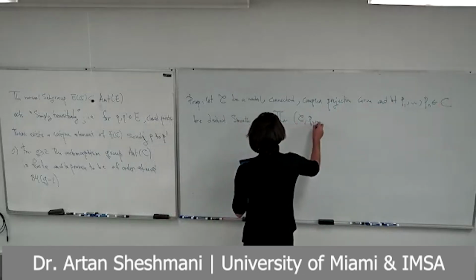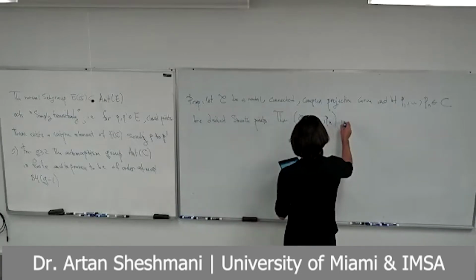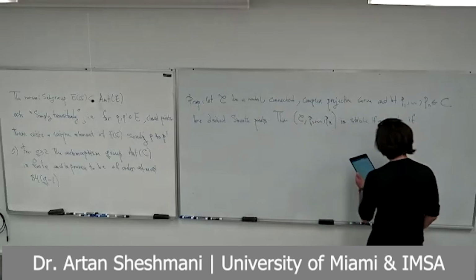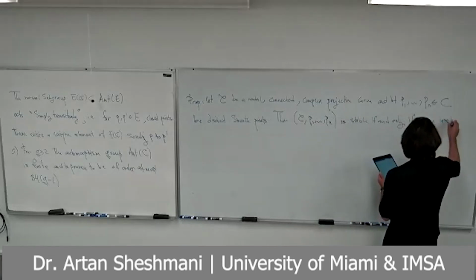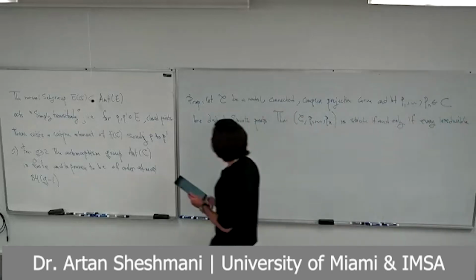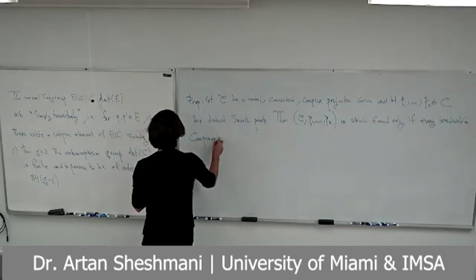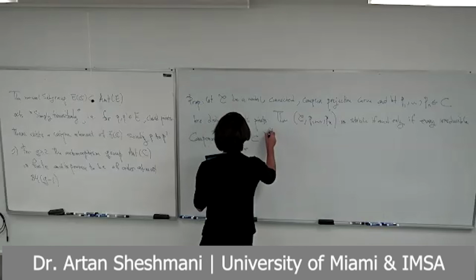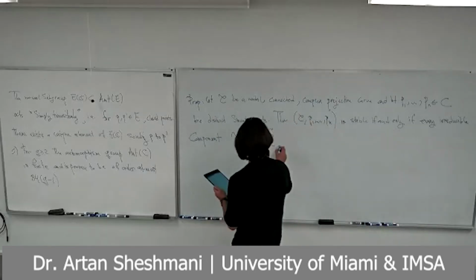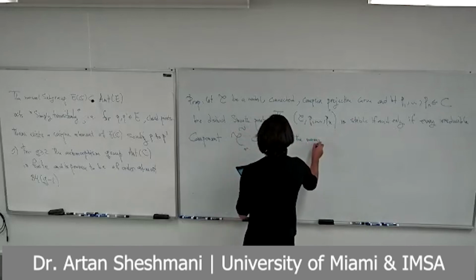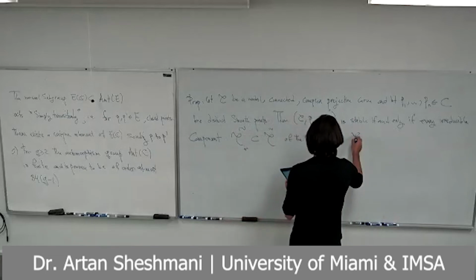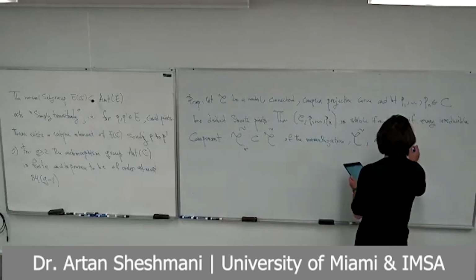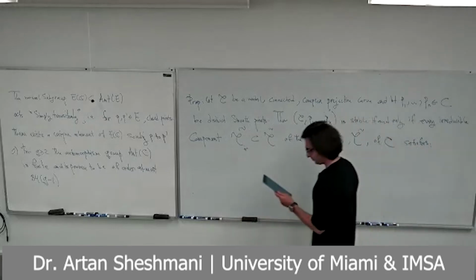Then the curve together with the choice of marked points on it is stable if and only if every irreducible component C tilde IR in C tilde, the normalization of C, satisfies the following.